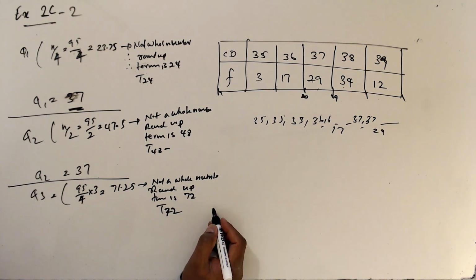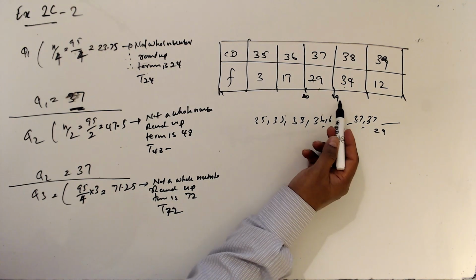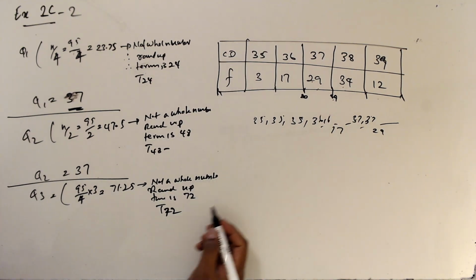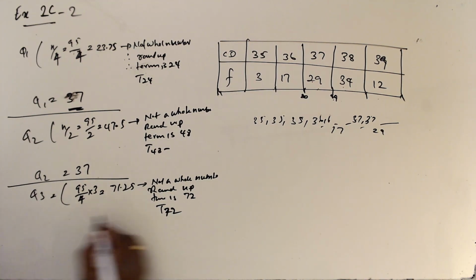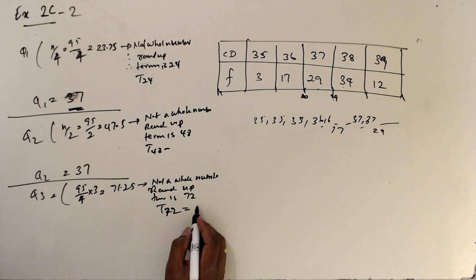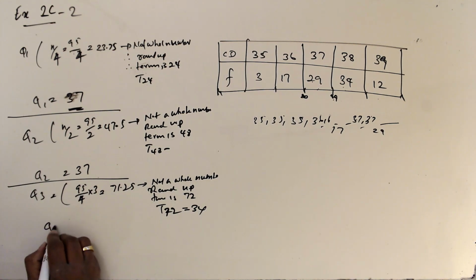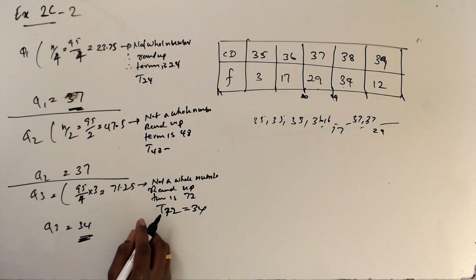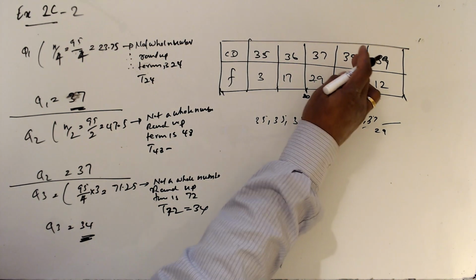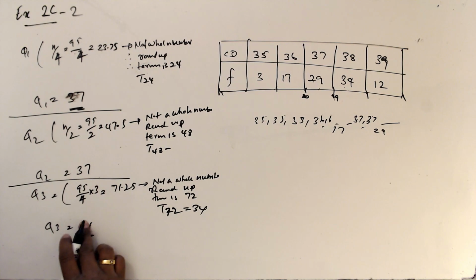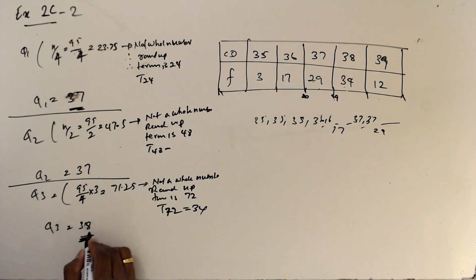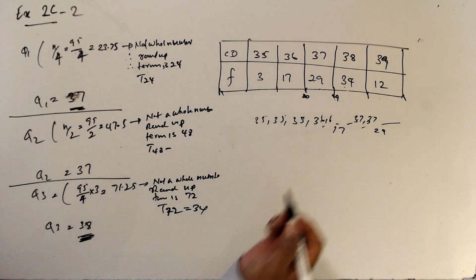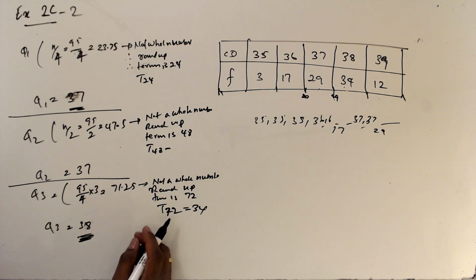What is the 72nd term? Up to 49, this is going to be 34. So T72 is 34. Q3 is here, not 34, it is 38. The frequency is 34, and Q3 is 38.